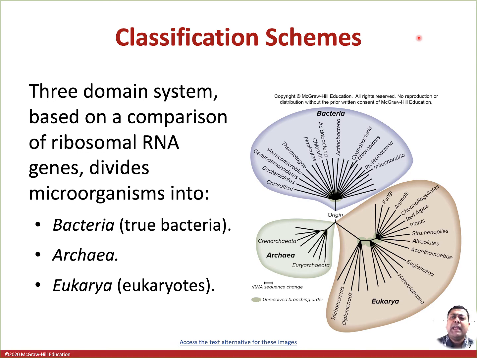But in the 1970s, Carl Woese and Fox discovered a particular way to classify organisms. What they found was the ribosomal RNA genes. What do we mean by this? First of all, let's dissect this word. The ribosomes are the protein synthesis machinery found in all organisms.